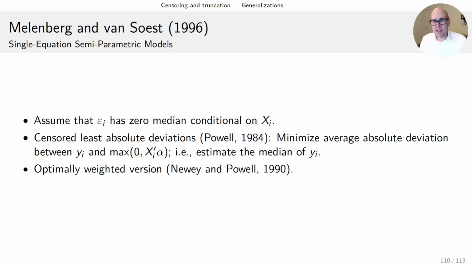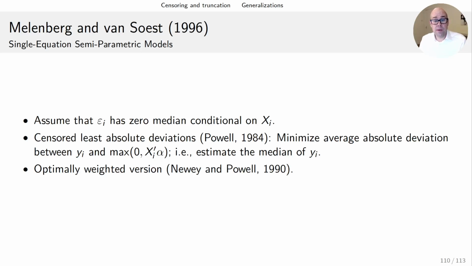You might wonder what this average absolute deviation actually is. So think of it like this. For a candidate parameter vector alpha, for each observation you calculate the max of 0 and x_i prime alpha, and then you take the absolute value of the difference between y_i and what you've just calculated, and then you take the average over observations.